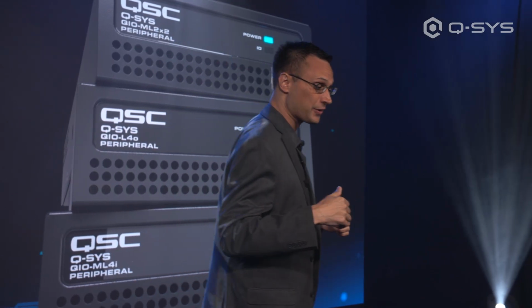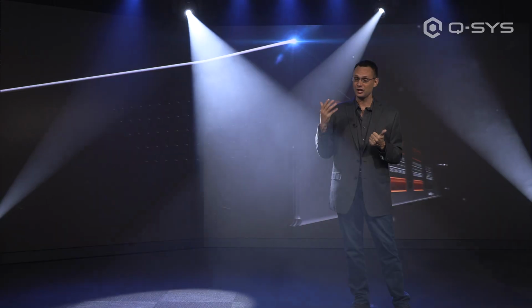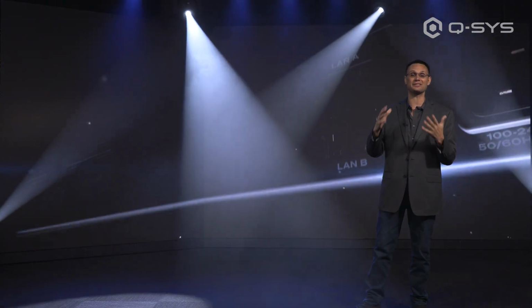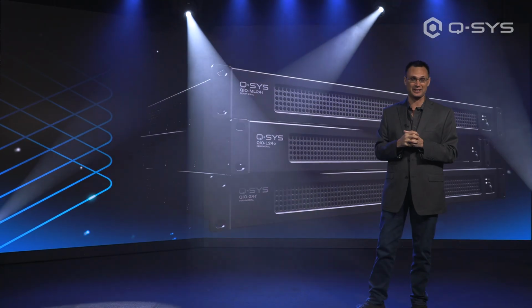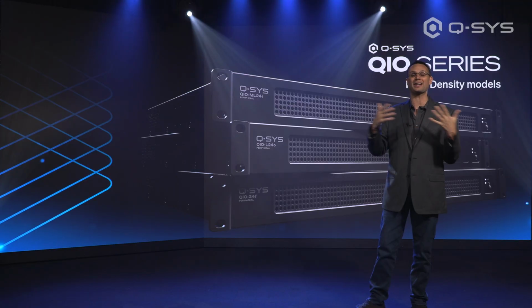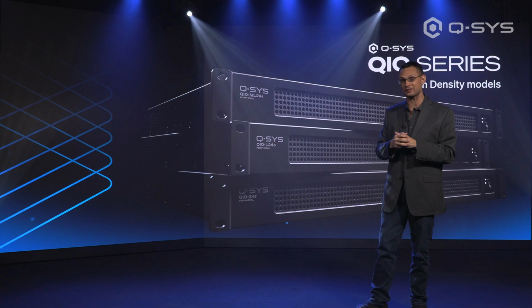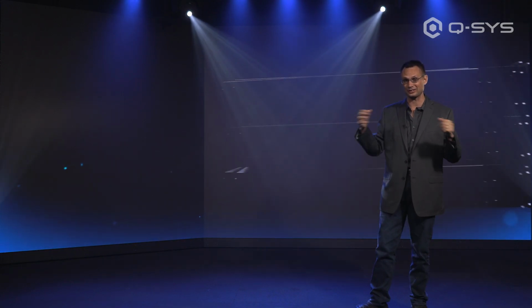However, with larger network channel counts, you also have the need for higher density input and output. So the expansion to this series that we're announcing today are new higher density devices for the QIO series. We have 3 of them lining up behind me. These will all allow you to go beyond and build larger systems more efficiently by having more of those inputs and outputs compacted into a single device.